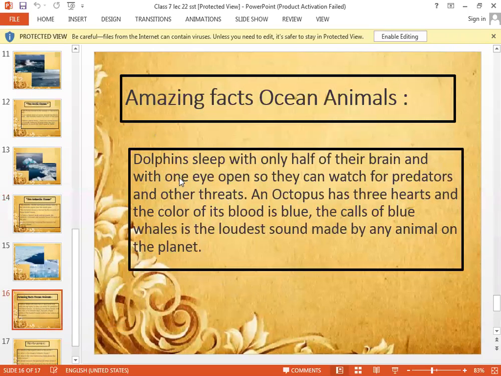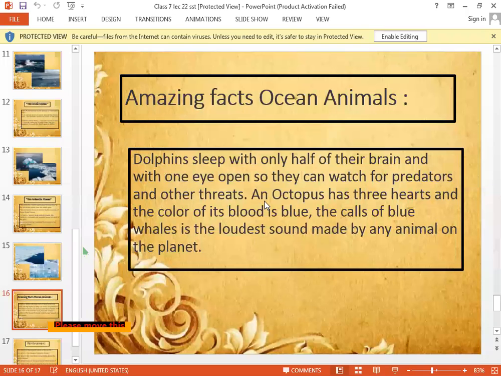Dolphins के बारे में मैं आपको बताती हूँ कि dolphins sleep with only half of their brain and with one eye open, so they can watch for their predators, their enemies and other threats. यानी डॉल्फिन्स अपने हाफ ब्रेन के साथ सोती हैं और उनकी एक आंख खुली रहती है. They sleep with only half of their brain and with one eye open, so they can watch for predators, their enemies, or any type of threats.